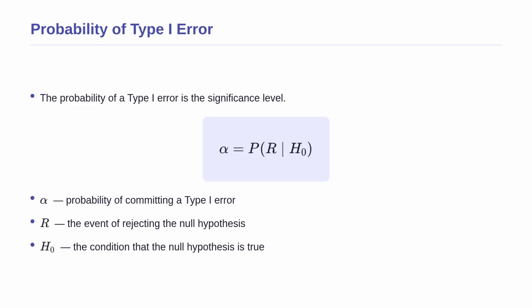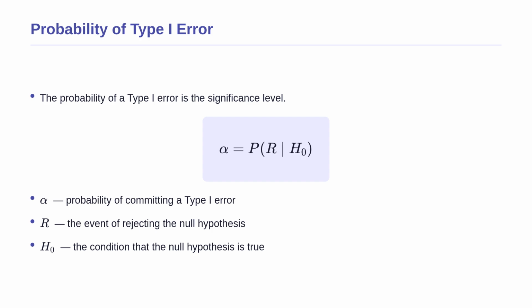Now that we know what a type 1 error is conceptually, let us see how we represent it mathematically. This formula defines the probability of committing a type 1 error, which we denote with the Greek letter alpha. Conceptually, this comes from conditional probability. The notation P stands for probability, and the vertical bar means given that.